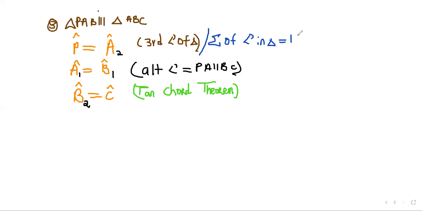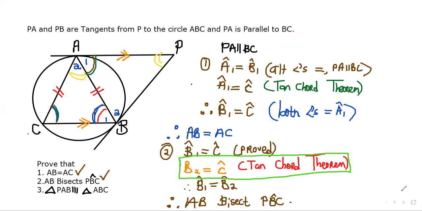We know that we're going to get 180 degrees. After writing that, you'll conclude to say triangle PAB is similar to triangle ABC. Remember, you're doing maths, and each and every statement should be accompanied by the reason.